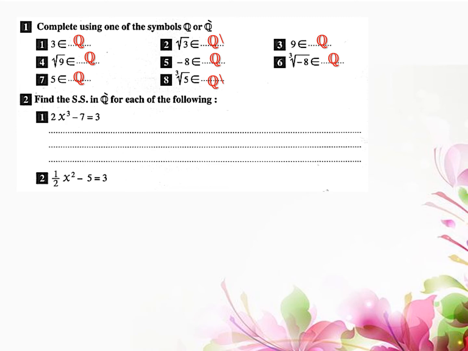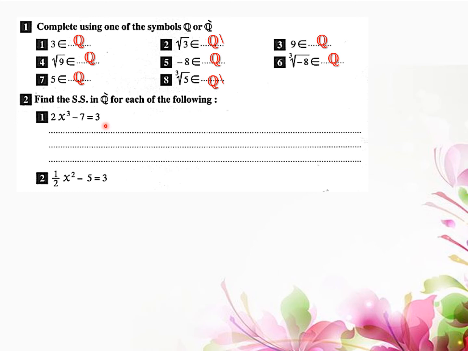Let's see another important question in the exam. Find the solution set in Q dash. This is a condition for the equations, in Q dash only, for each of the following. First of all, 2x power 3 minus 7 equals 3.